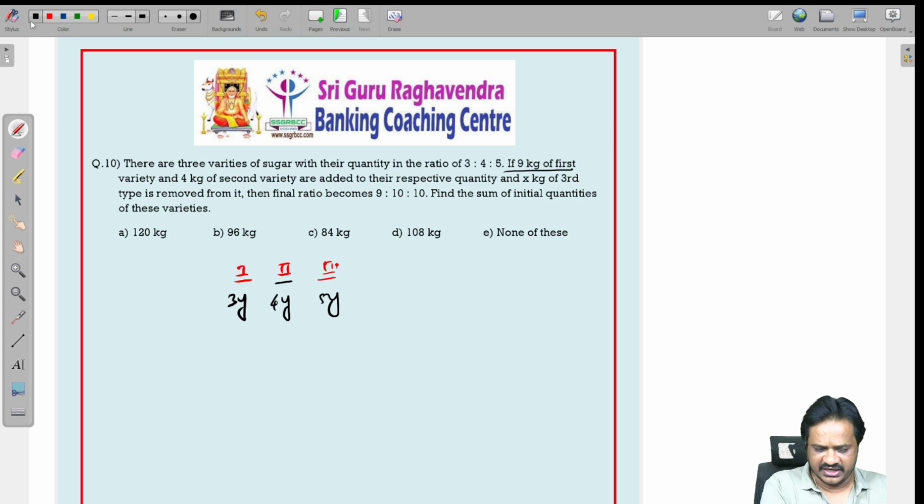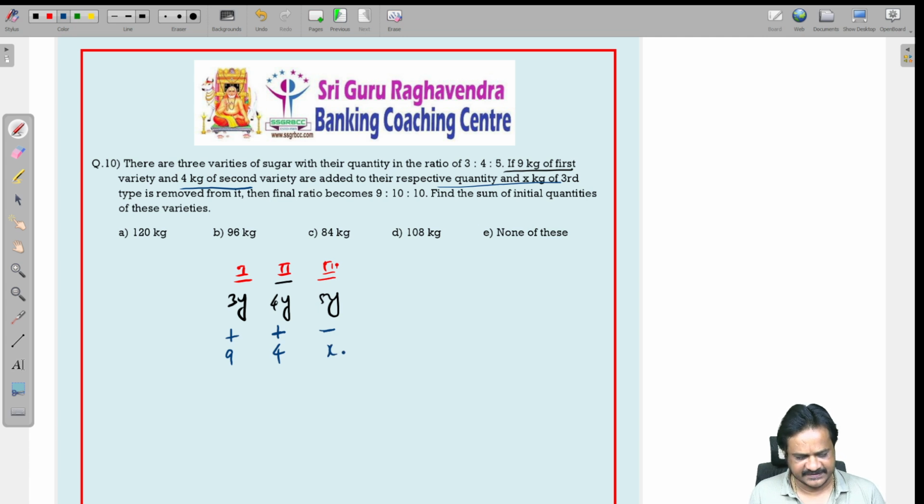If 9 kg is added to the first variety, 4 kg is added to the second variety, and x kg is removed from the third, this will be totally 3y plus 9, 4y plus 4, and 5y minus x.